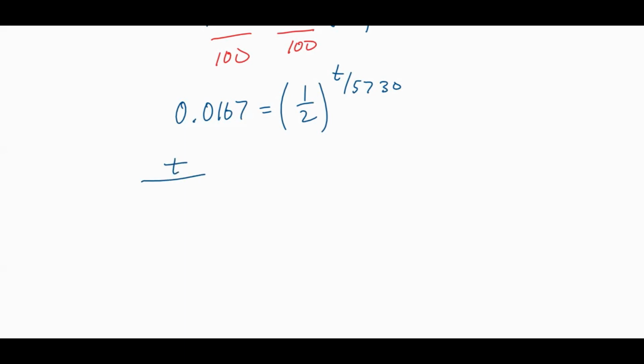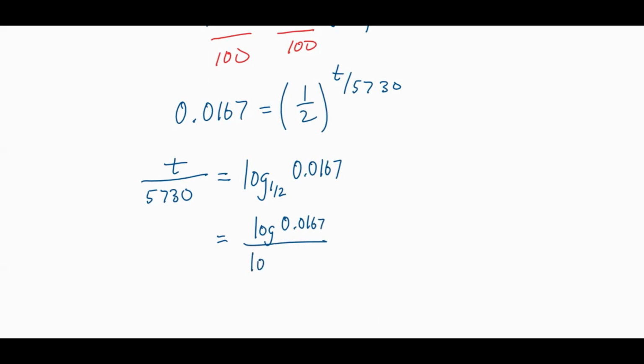Logarithms solve for the exponent, so the exponent comes out. And that's what I'm solving for. So the exponent equals log base 1/2 of 0.0167. And if you have a calculator that doesn't have the button, that's log of 0.0167 divided by log of 1/2. So log base 10. Change the base to whatever you want, but the whole point, if you're using your calculator, is you want it in base 10, because that's what your calculator does.